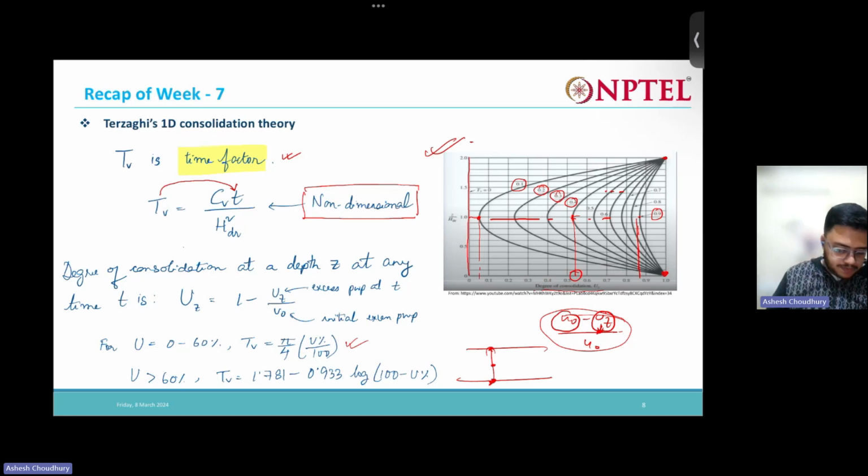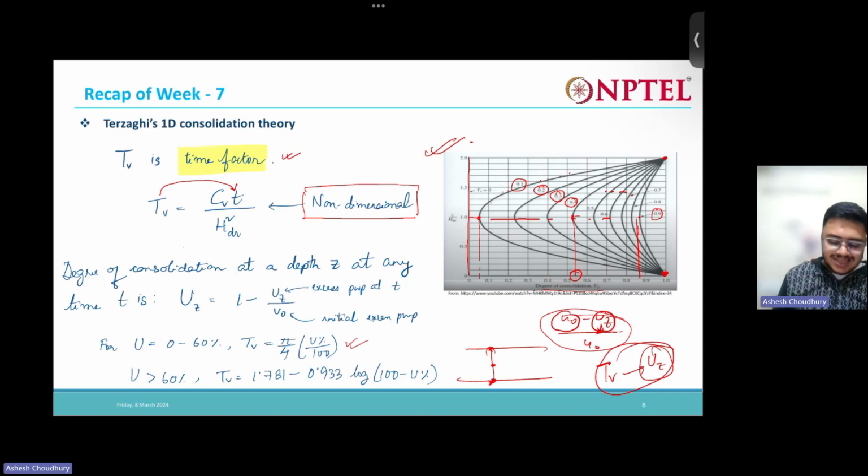So TV is also related to the degree of consolidation at any depth z. All the depths will have different degrees of consolidation at a particular time.